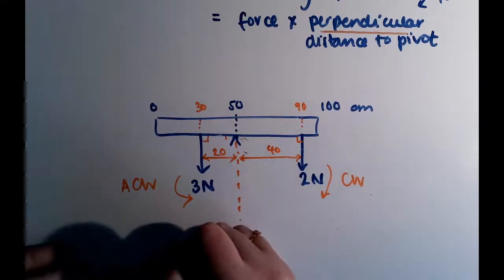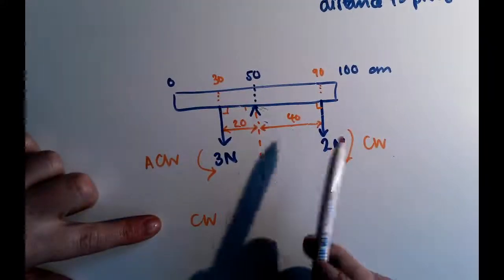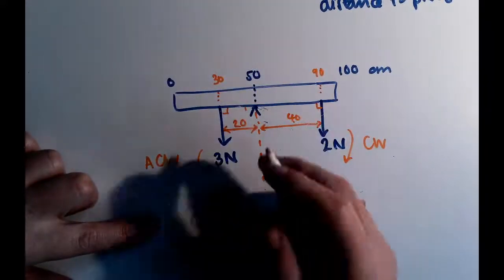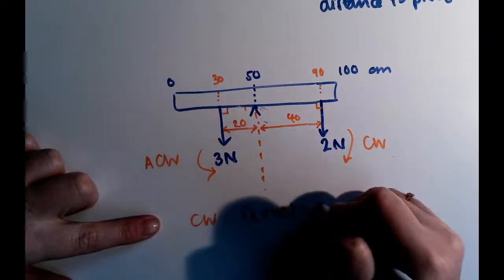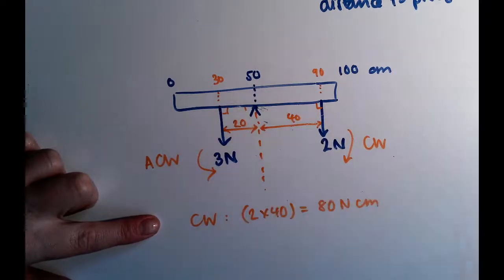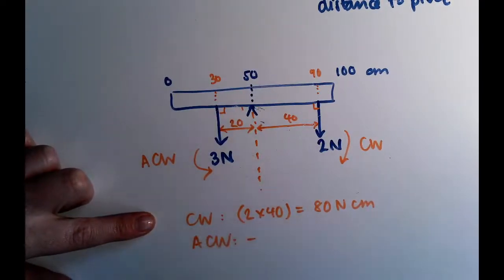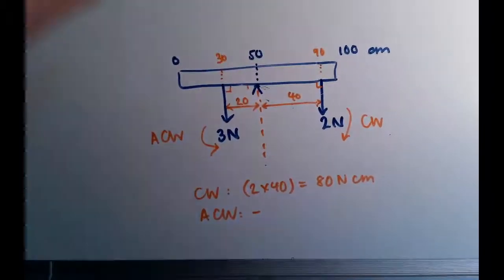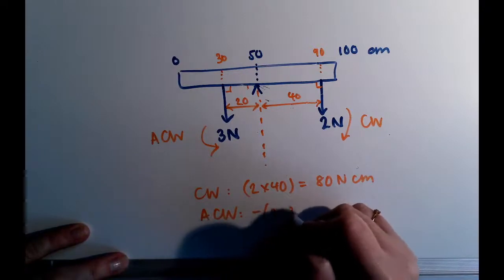Okay, so I've got clockwise. I have 2 newtons times 40. Okay, so I've got 2 times 40, which is 80 Newton centimetres. Anti-clockwise, I have minus to show it's in the other direction. 20 times 3, or 3 times 20.